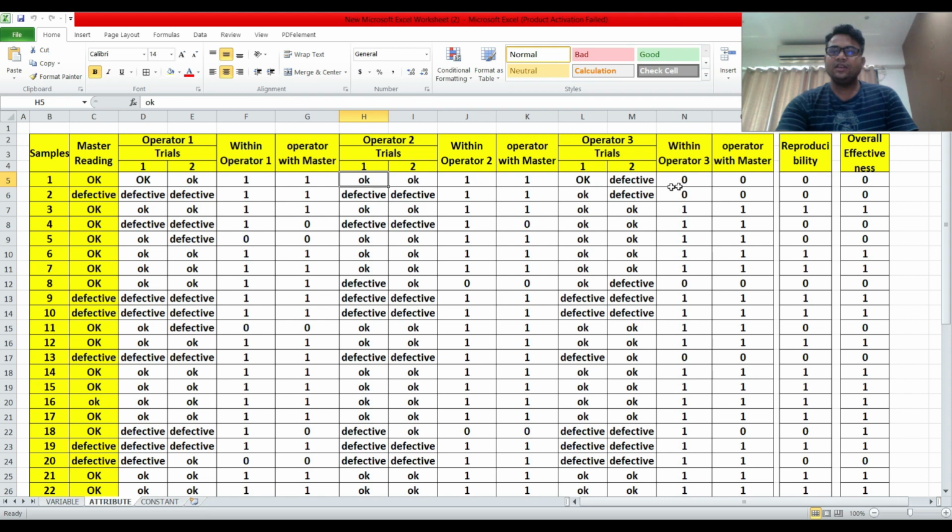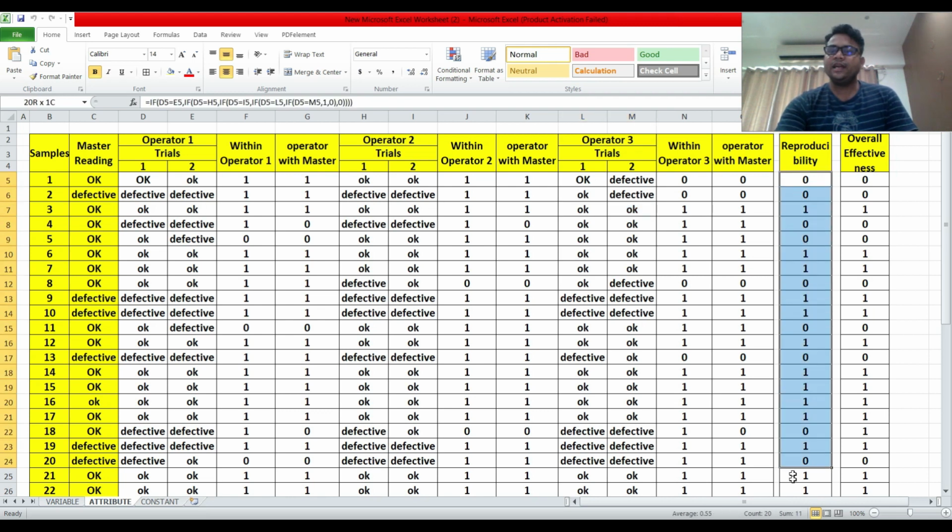So like this, by applying the IF formula you can calculate, or by seeing you can also write it here. Consider the third case: the first trial of operator 1 is okay, the second trial is okay. For operator 2 both trials are okay, and for operator 3 both trials are okay. Then our reproducibility is 1.